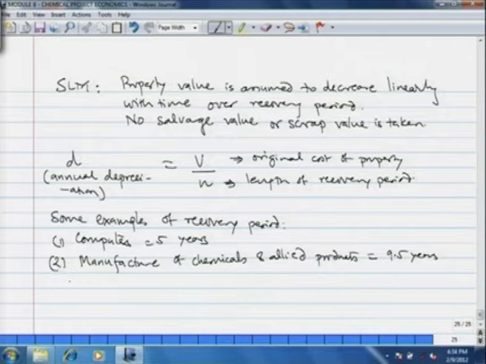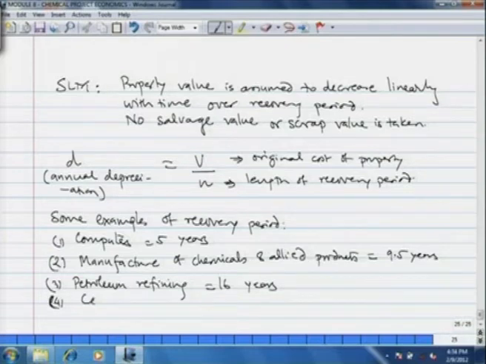Then petroleum refining 16 years, coal gasification 18 years, or rubber products 14 years.